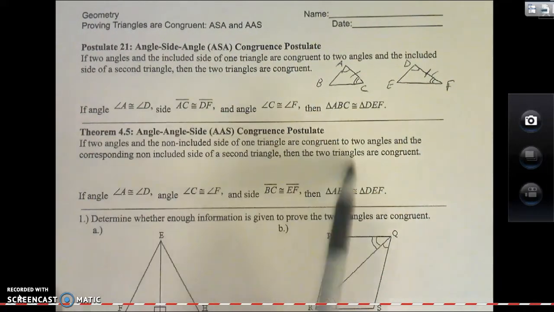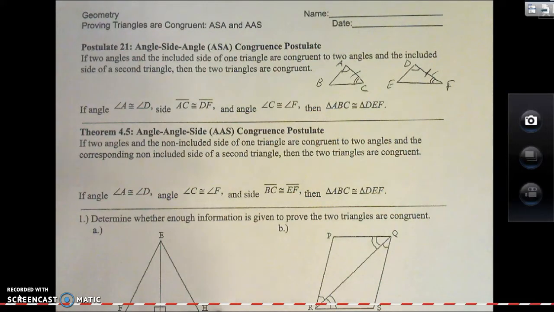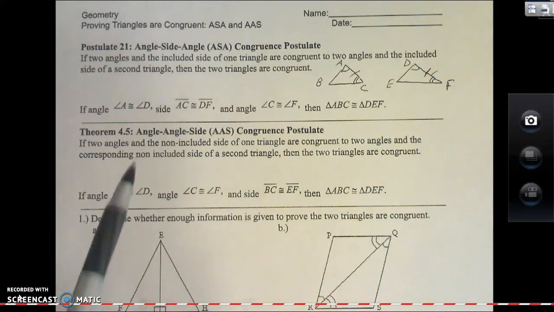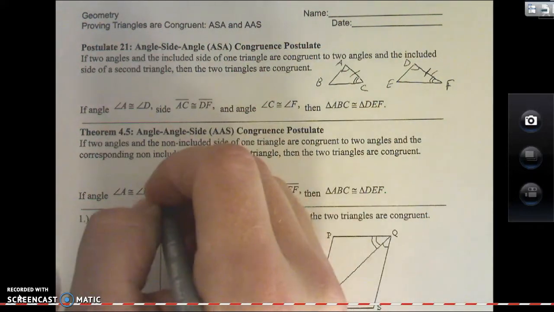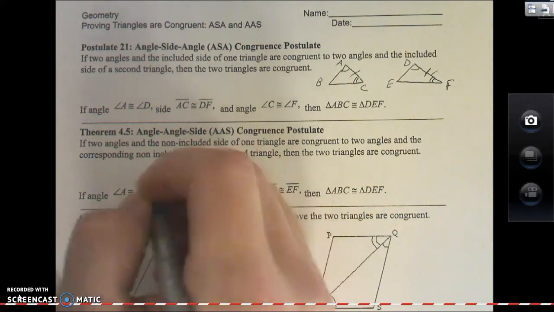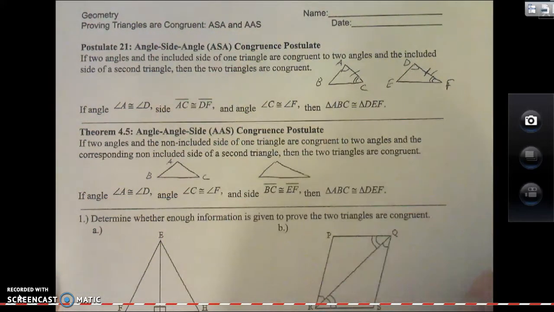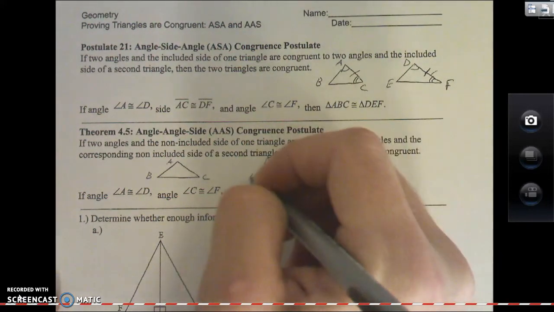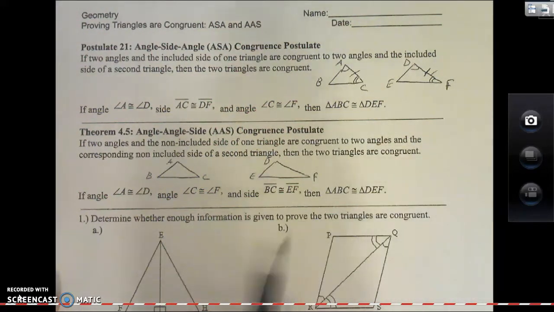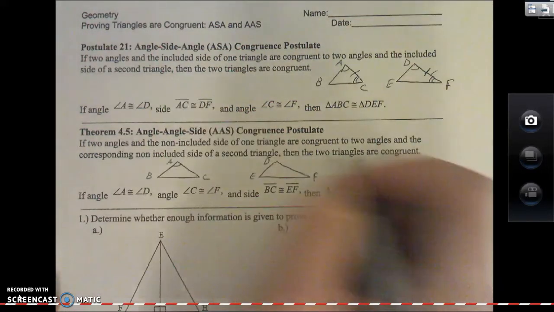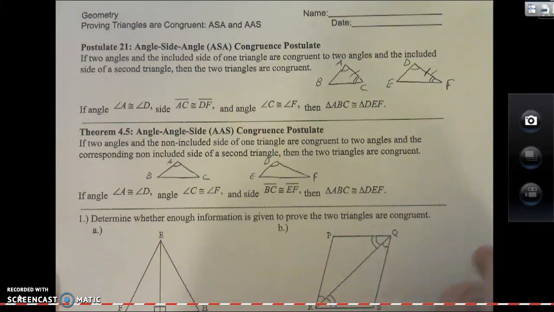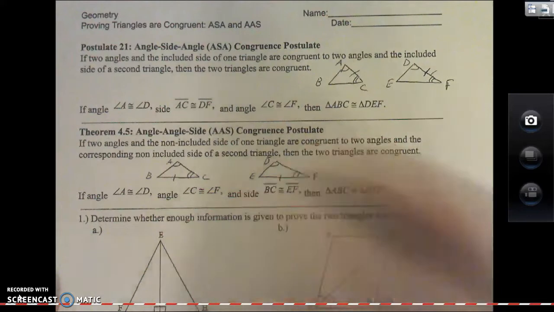So for AAS, angle, angle, side: if two angles and the non-included side of one triangle are congruent to two angles and the corresponding non-included side of a second triangle, my two triangles are congruent. So here's my ABC again, A, B, C, and I've got DEF, D, E, F. So angle A is congruent to angle D, C is congruent to F, and then BC is congruent to EF.